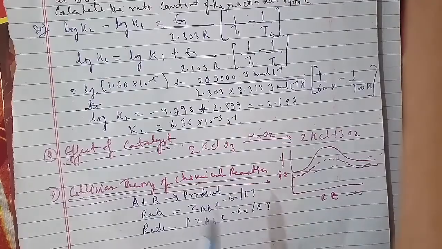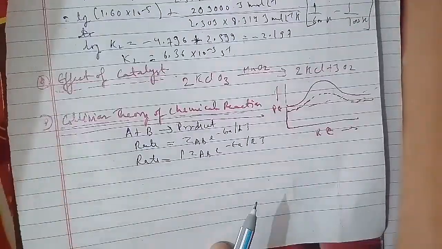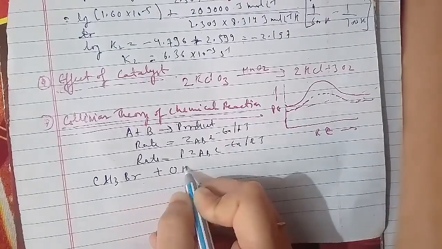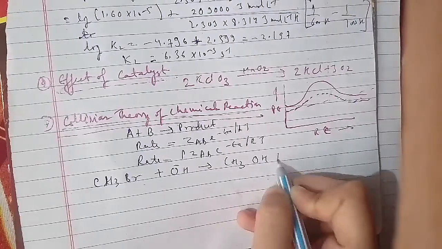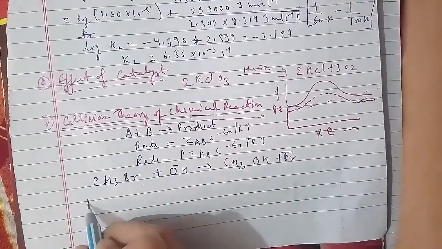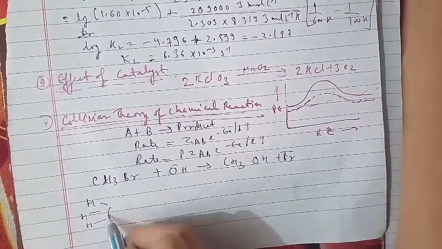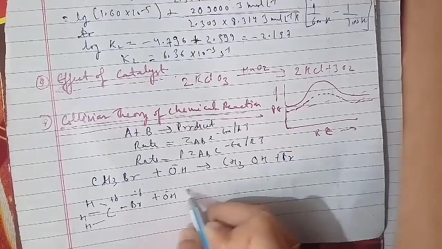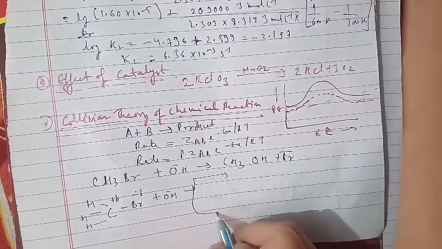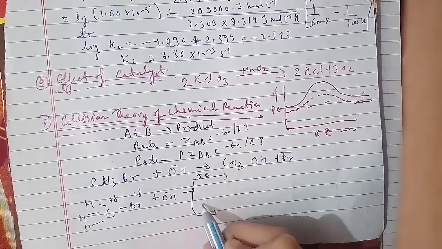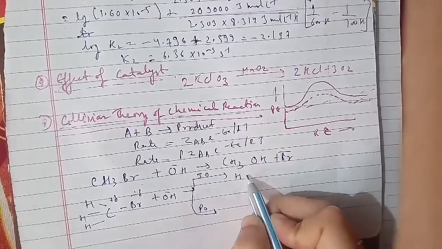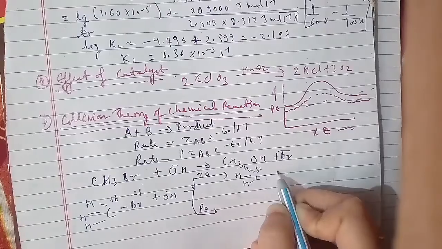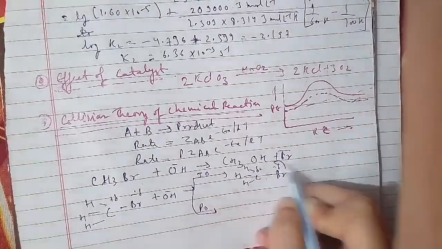For improper orientation, H3C(δ+)–Br(δ−) with OH⁻ approaching from the wrong side, no product is formed. In the proper orientation, HO(δ−)...C(H3)...Br(δ−) forms an intermediate, giving HO–CH3 plus Br⁻. This is a diagram showing molecules having proper and improper orientation.